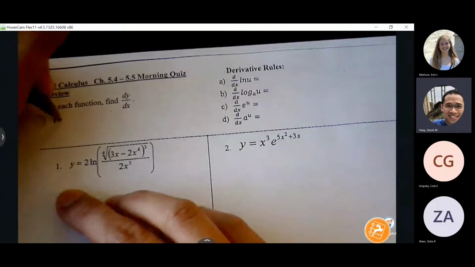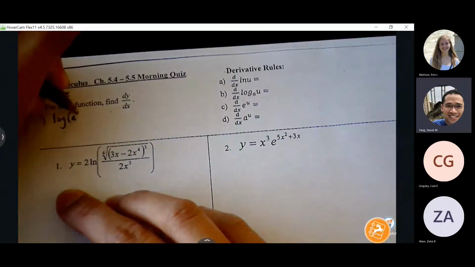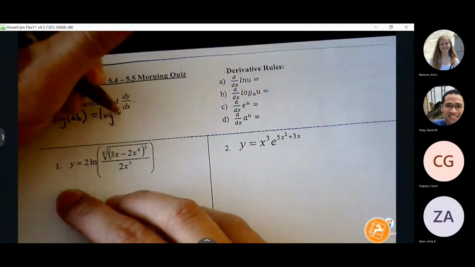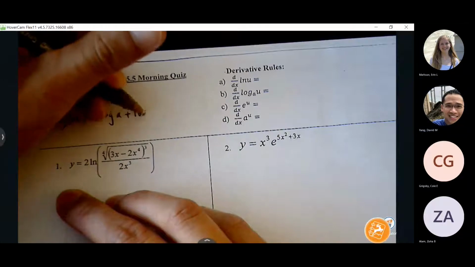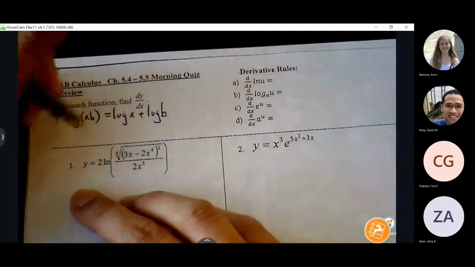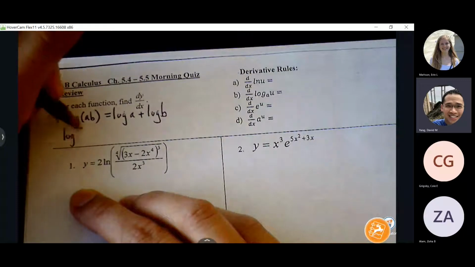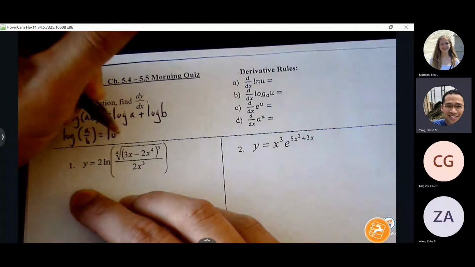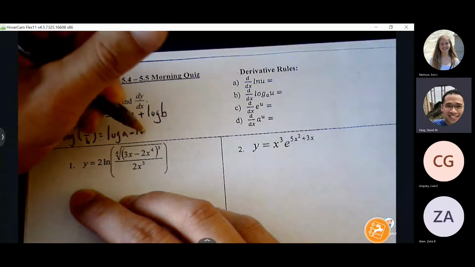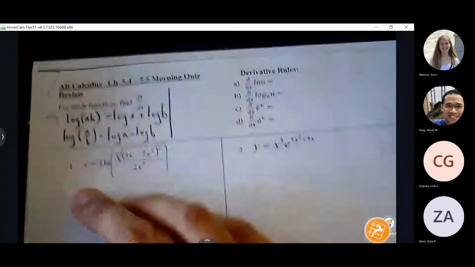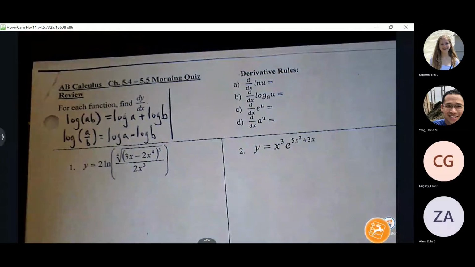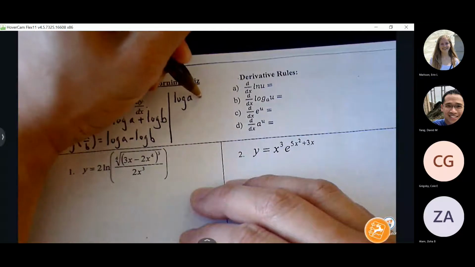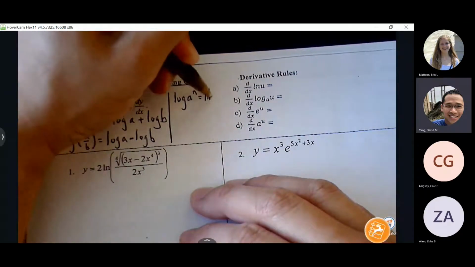If I have log or ln of AB, I can expand that into log of A plus log of B. If I have log of A over B, I can expand it into log of A minus log of B. If I have log of A to the n, that exponent can come down in front of log of A.